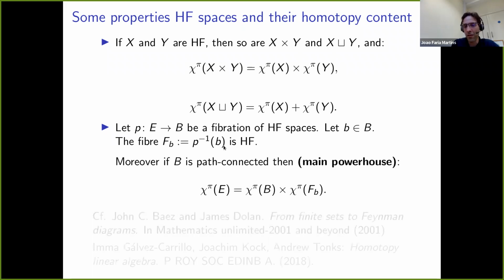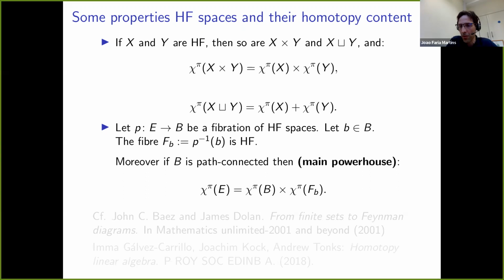And this is the main powerhouse for the construction of the Quinn finite total homotopy TQFT. The homotopy content of the total space is given by the homotopy content of the base times the homotopy content of the fiber.